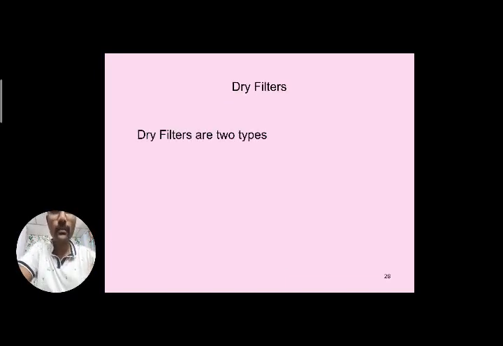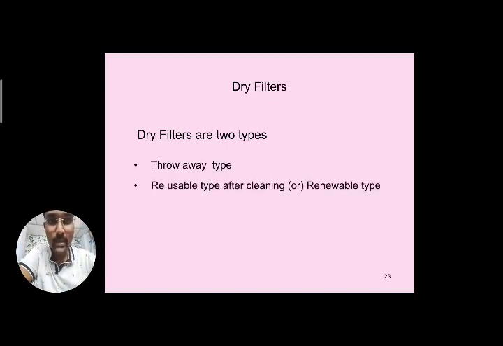As we observe here, the dry filters are of two types: the throwaway type, and the second type, the reusable type after cleaning, or renewable type. The name throwaway itself gives the indication: we can use the dry filter and throw it away once its effectiveness is completed. The second type is removed after every time of functioning, or after one day or so, and cleaned.